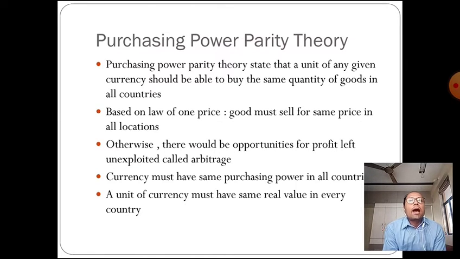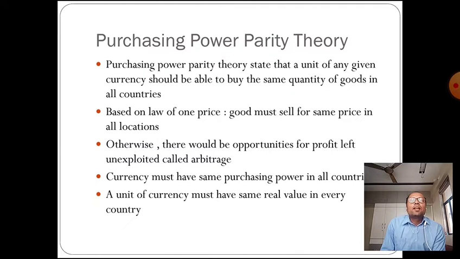Otherwise, there will be an opportunity for a profit through arbitrage. So people will buy at a lower price in one market and sell at a higher price in the other market. In our case, people will buy the product at 200 rupees from the Indian market and sell at $5 in the international market. So in the long term, what happens?